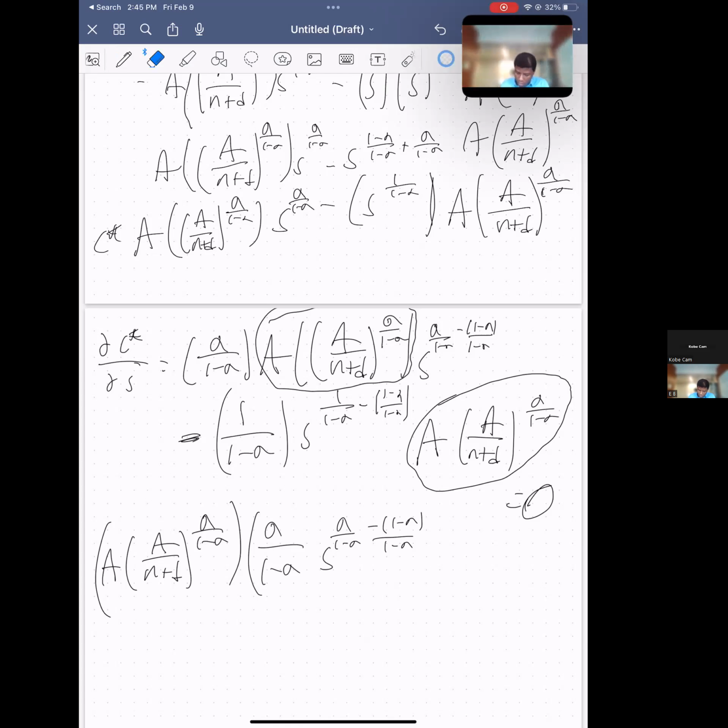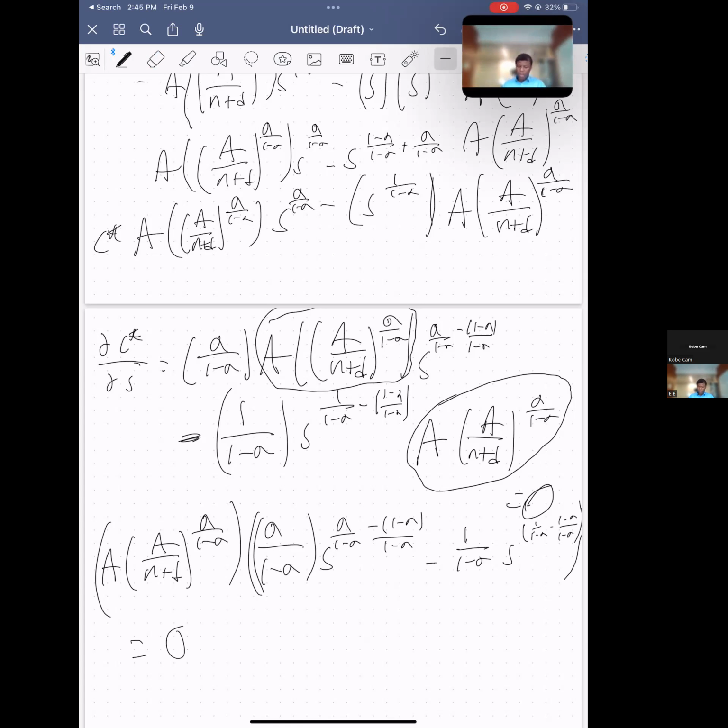In this part, just 1 minus A, S, and then we have, again, our parentheses, 1 minus A minus 1. There we go. Okay. This is all equal to 0.